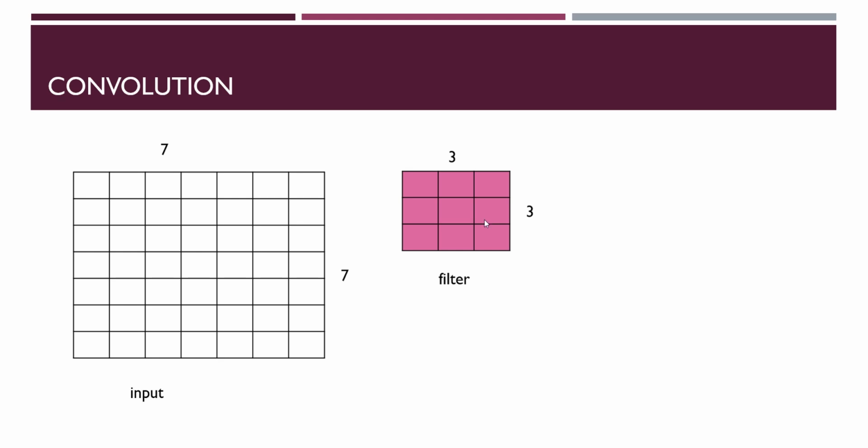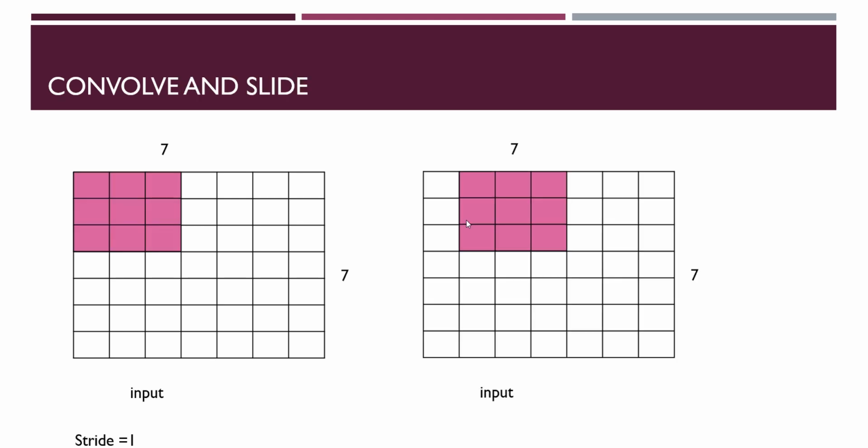Given this, if we are to perform convolution, then we simply place the filter over the image, perform the convolution operation, and slide the filter along the image with what is known as a stride. So we make use of a stride here. This stride can vary by different values.